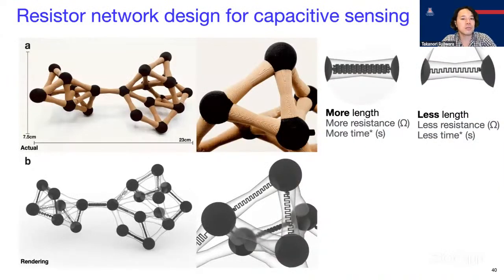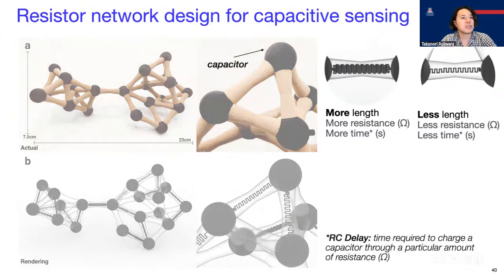So the first sub-goal of identifying touch nodes can be achieved through optimization of the resistance embedded in each link. A conductive trace that is more densely packed will have more electric resistance. And this will also make a capacitor take more time to get charged when we touch a node.